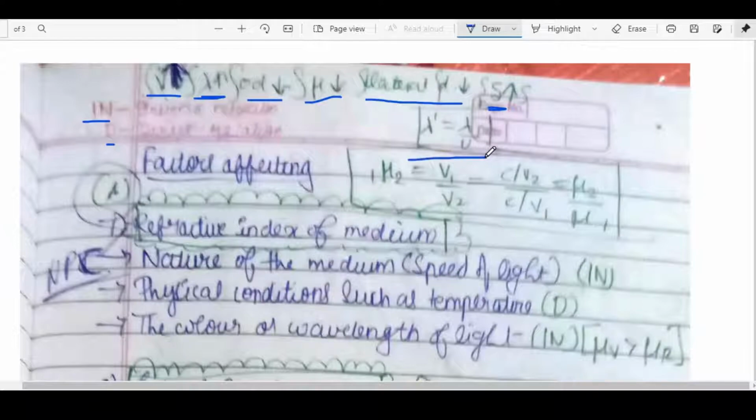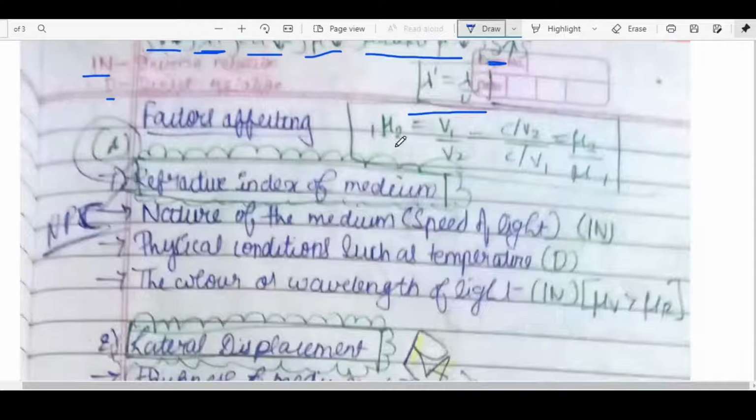This is another formula. For the refractive index, 2 with respect to 1, it is equal to V1 upon V2, that is velocity in the first medium upon velocity in the second medium, which is equal to C upon V2 upon C upon V1, which is equal to mu2 upon mu1.